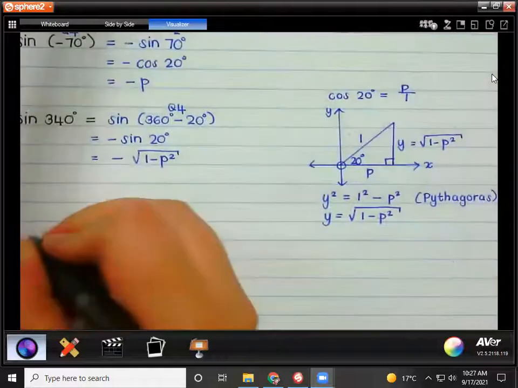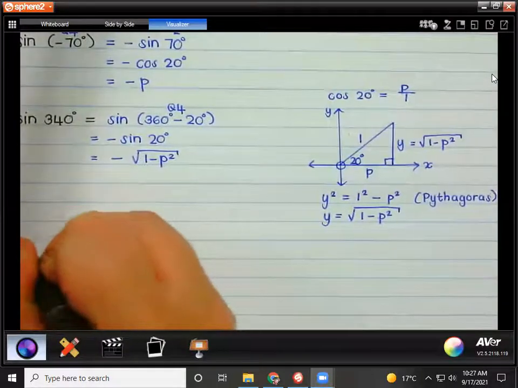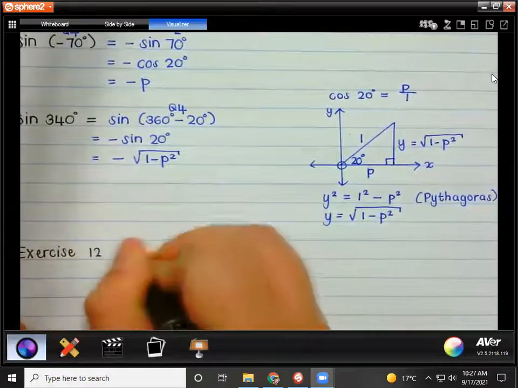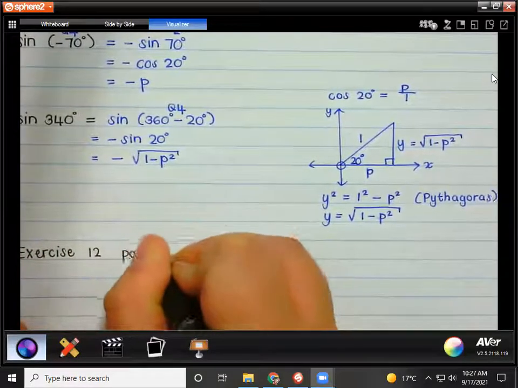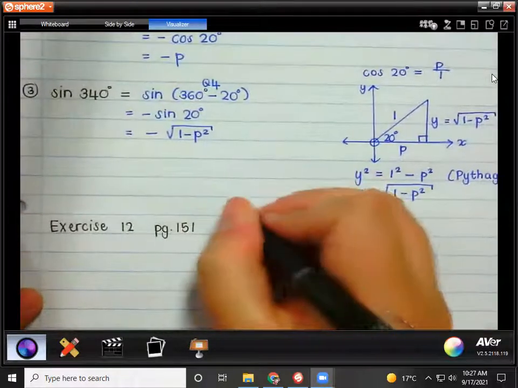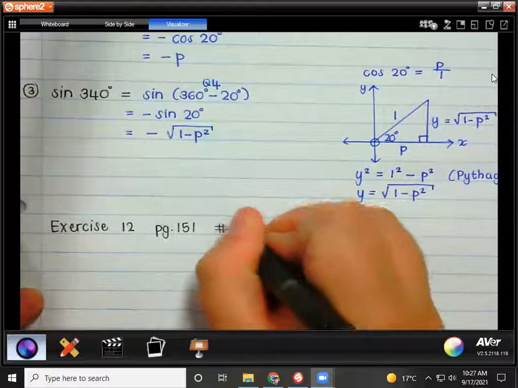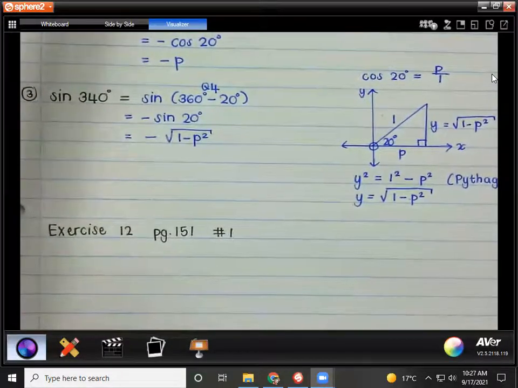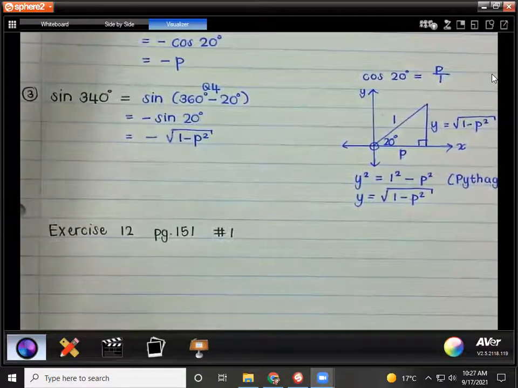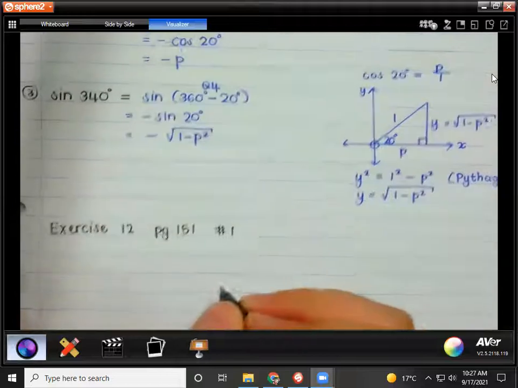For these things, you can do exercise 12, page 151. And I will post the answer to number 1 for that. For the co-ratios questions, let me just check here. 12.